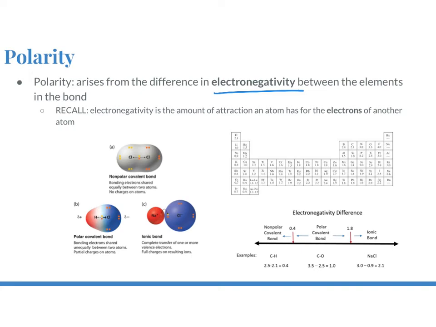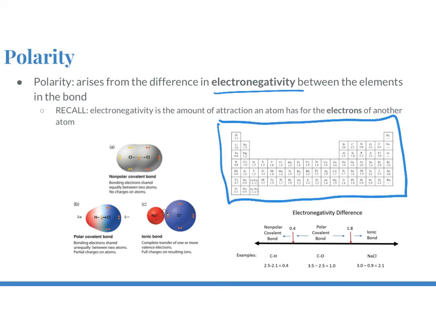So we can look at electronegativity charts to show us the relative electronegativities between the different elements. Remember that fluorine was going to be our most electronegative element, and the noble gases, they're happy with their full outer shells and they're not going to want anyone's electrons. Looking at a couple different diagrams showing this polarity.